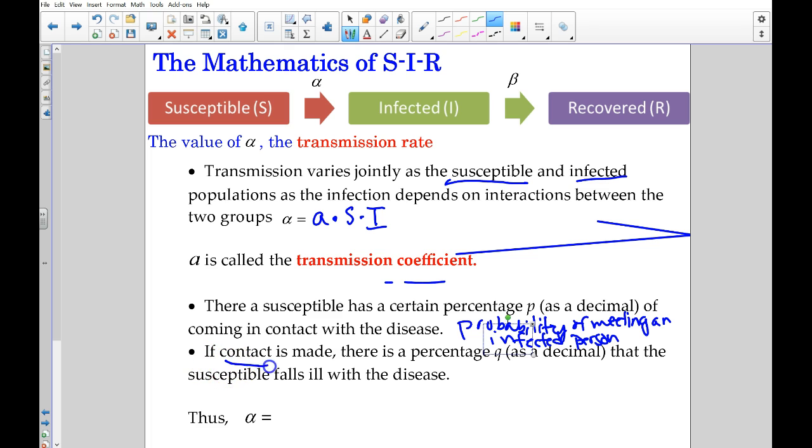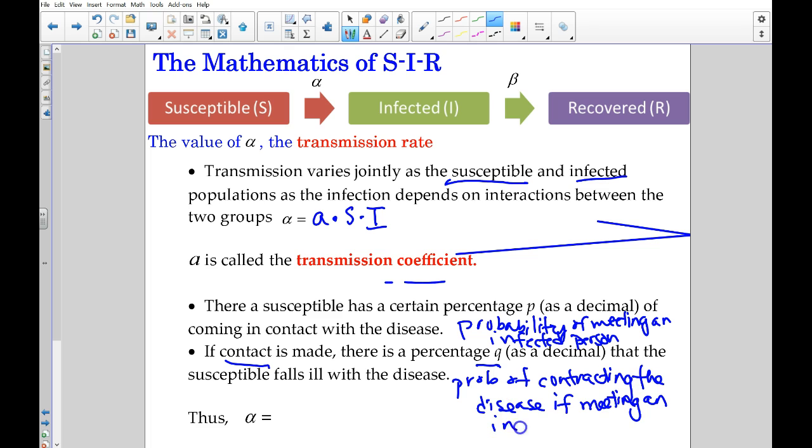If you make contact, then there's also a percentage Q that corresponds to your chance of actually contracting the disease. So this is the probability of contracting the disease if meeting an infected person.